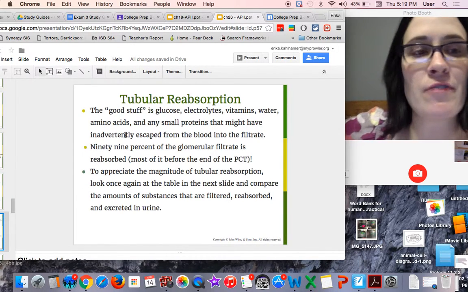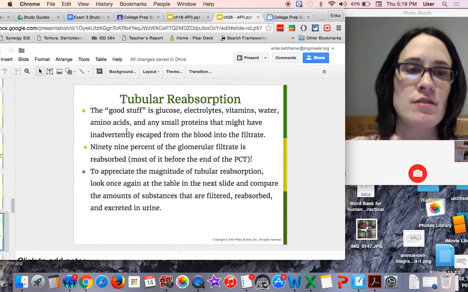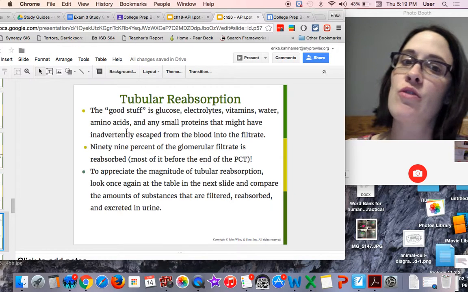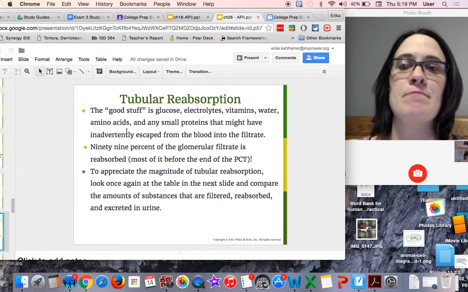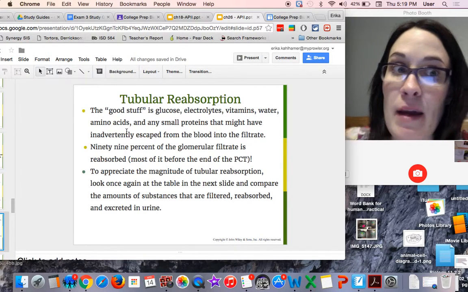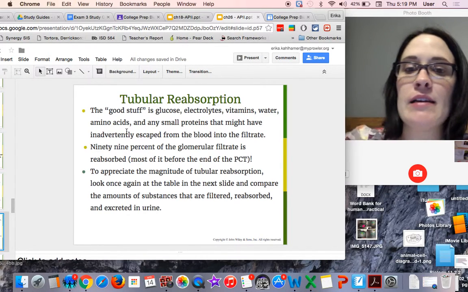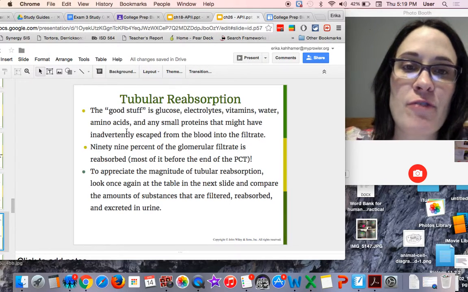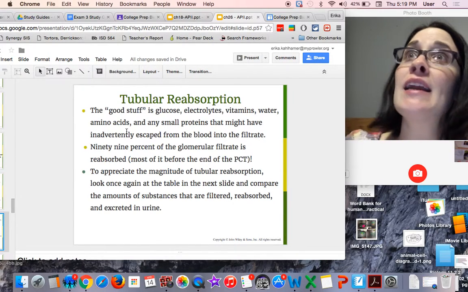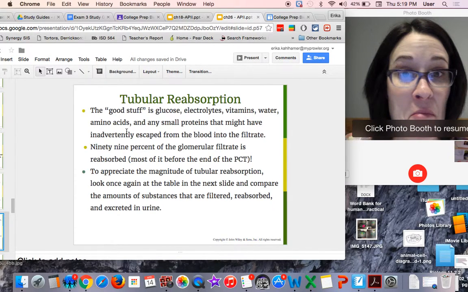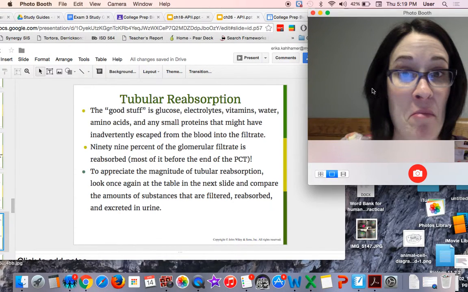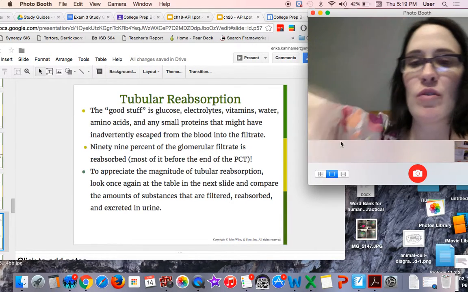So the good stuff that's reabsorbed: glucose, electrolytes like sodium, vitamins, water, amino acids, or any small proteins that might have snuck through. 99% of the filtrate is reabsorbed. 99%. And most of it happens even before it leaves that proximal convoluted tubule in the front.